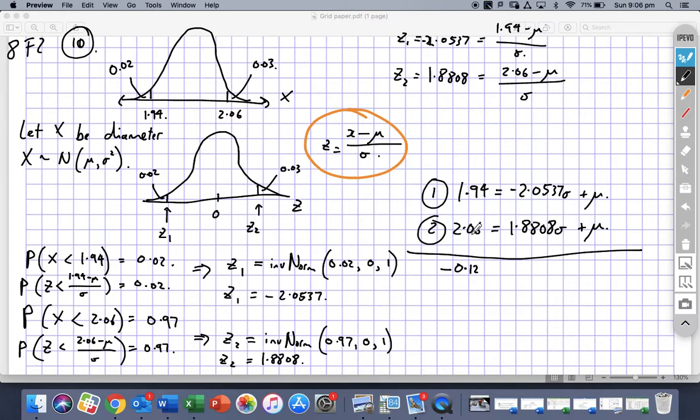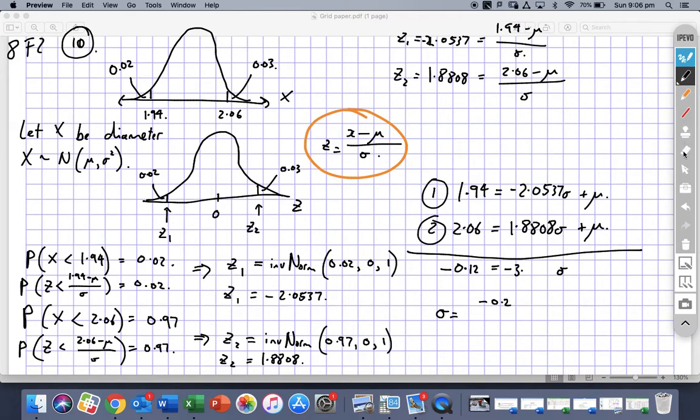We've got a difference of 0.12 there. Here we're going to get minus 3 point something or other sigma, and these are just going to eliminate, right? So sigma would end up being this number divided by whatever that number will be.